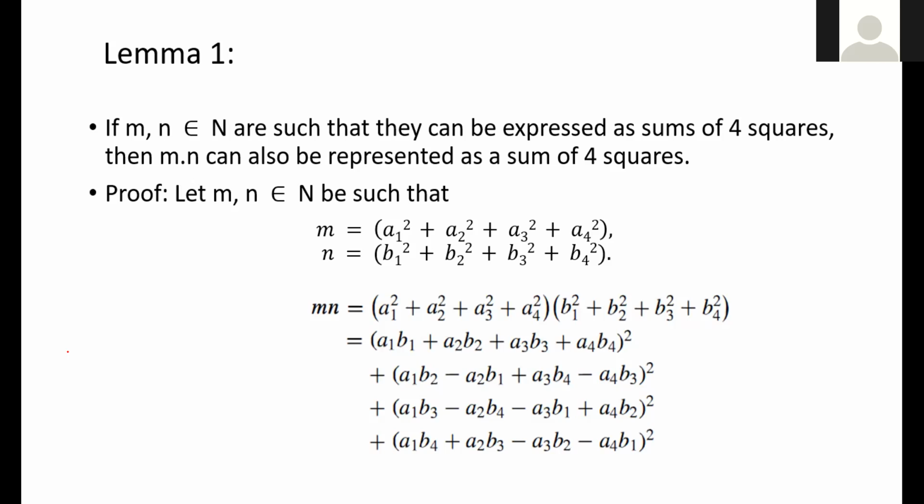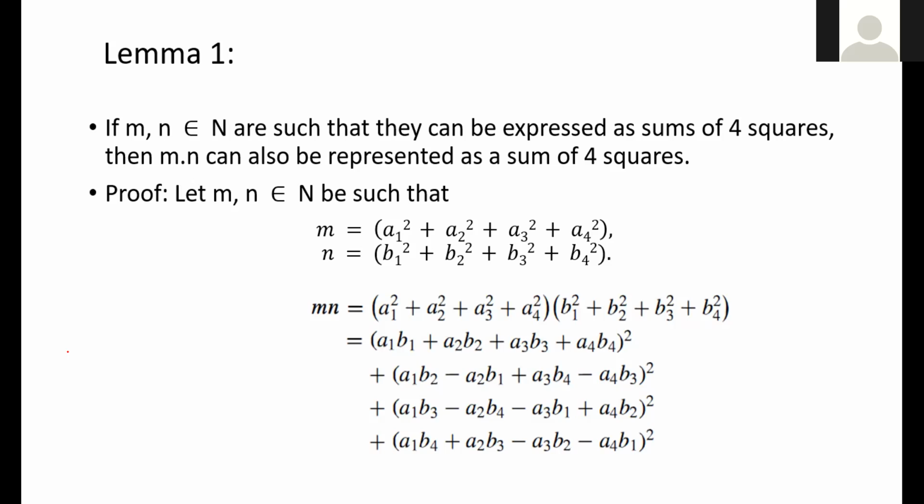So this lemma basically states that if we have two natural numbers m and n, which can both be represented as a sum of 4 squares, then their product can also be represented as a sum of 4 squares. So this is basically your Euler's identity for 4 squares.